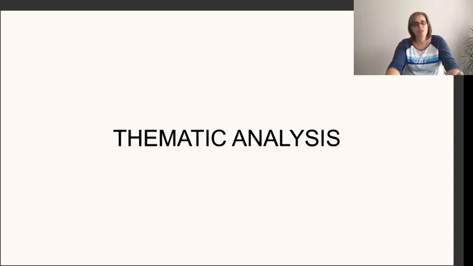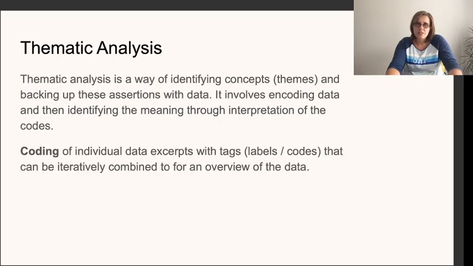Okay, that's grounded theory. Thematic analysis is a way of identifying concepts or themes and backing up these assertions that you have with data. So you encode all the data and then you identify the meaning by interpreting all of those codes that you've created.